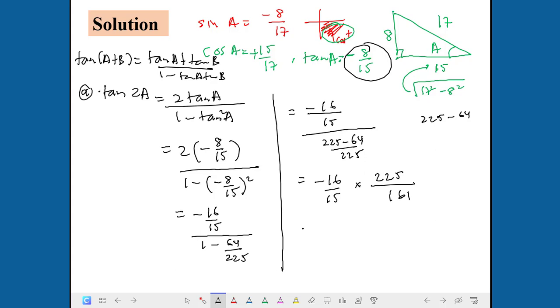Then simplify, cancel 15, and 15 times this one gives the answer, negative 240 over 161. Okay, it's done.